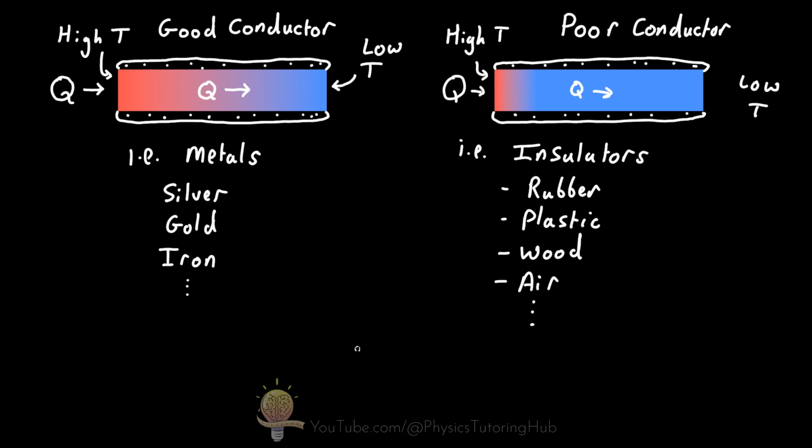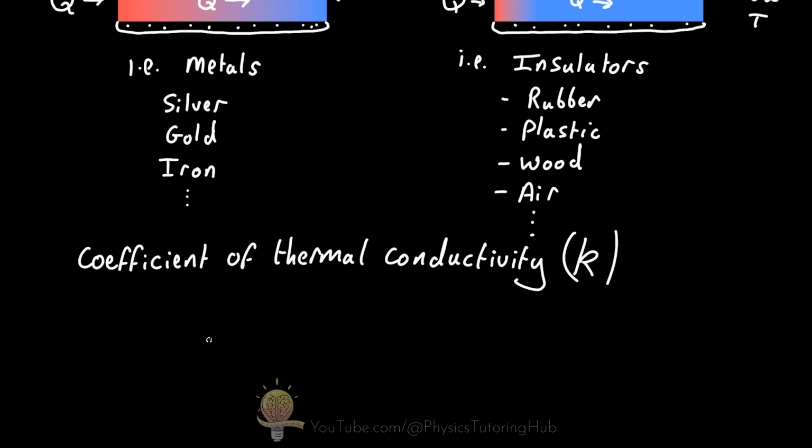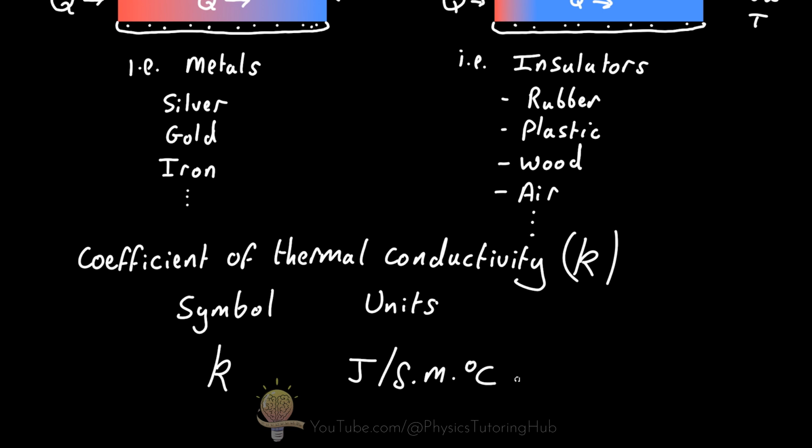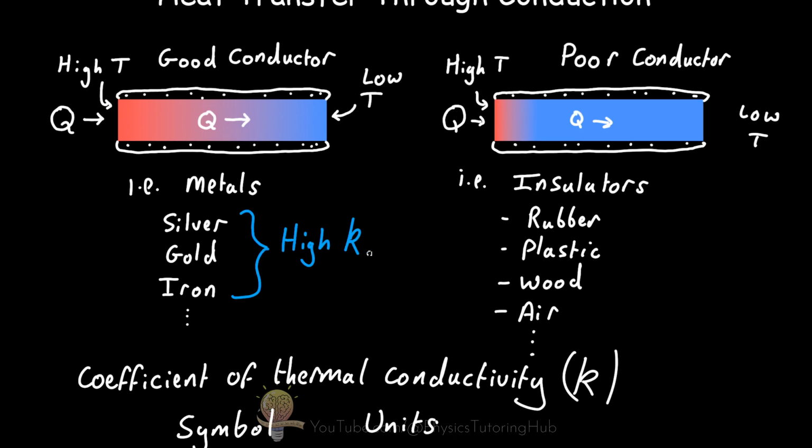Now, the measure of how well a particular material conducts heat energy is described by the coefficient of thermal conductivity, and this value depends on the material's properties. So this coefficient has units of joules per second per meter per degree Celsius, and the higher this value, the better this material is at conducting heat.